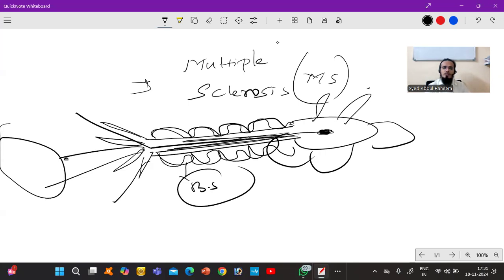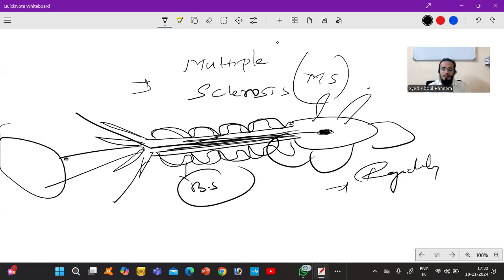Why do we have the myelin sheath? Because we need to transfer the electrical impulse rapidly, first thing. And second, when you are supplying the electrical impulse rapidly, there is a chance of damage to the axon.